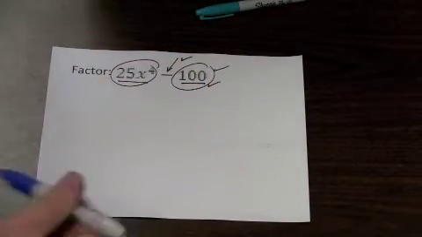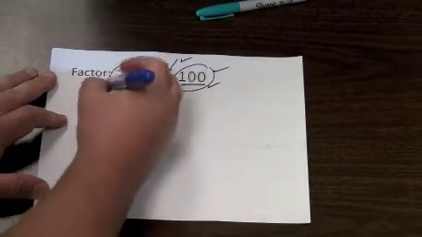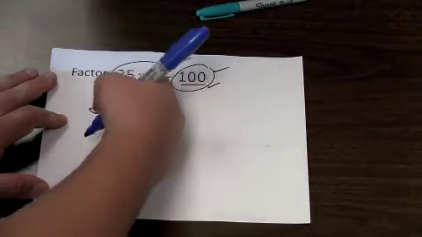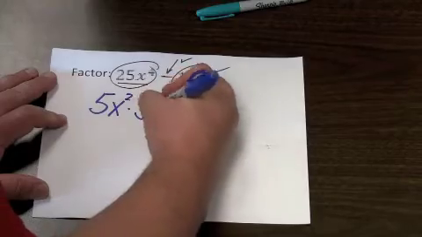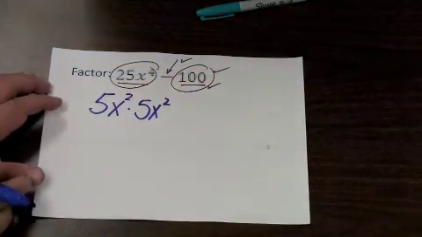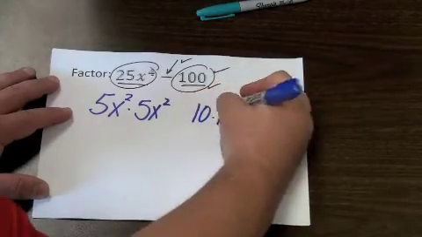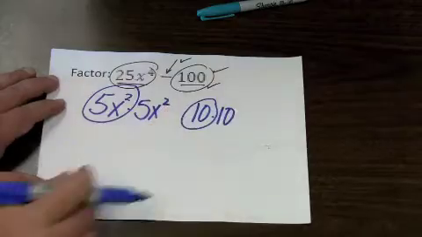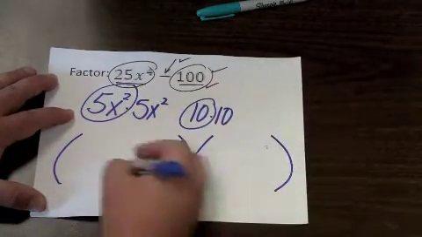Go through the checklist. What is the square root of 25x to the fourth? Be careful. The square root of 25 is going to be 5. The square root of x to the fourth is going to be x squared. So you can break it down into 5x squared times 5x squared. 100, easy. That breaks down into 10 times 10. 5x squared and 10 are the square roots of those perfect squares.